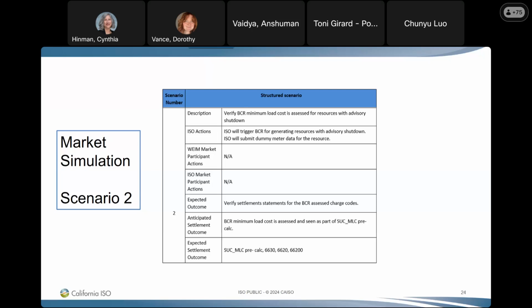We understand it's difficult for market participants to know ahead of time which resources will receive the advisory shutdown, and on top of that, which will have bid cost recovery. So ISO has made that easy. We will generate the BCR scenario for the resources, and we will also submit the dummy meter data for those resources. Oh, okay. So there's no market participant action.